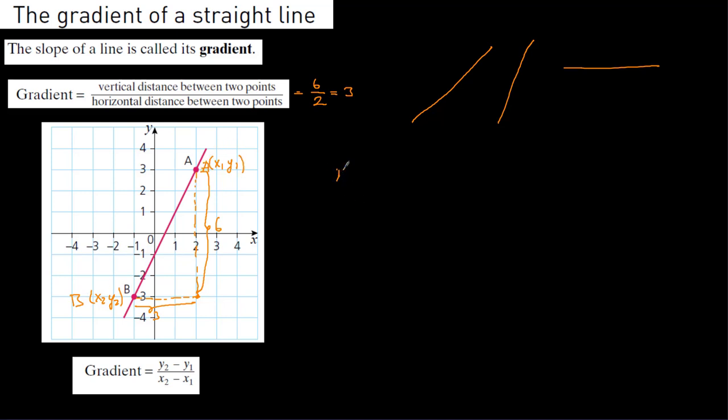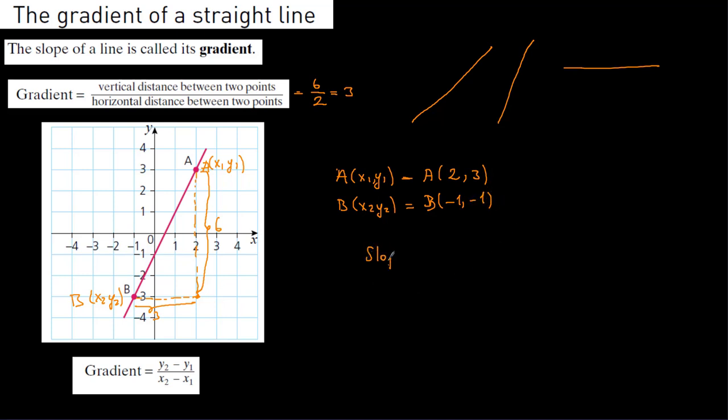Let's check the coordinates. A is 2 and 3. And then B is x2 y2, and B is -1 and -3. Now let's write the formula.